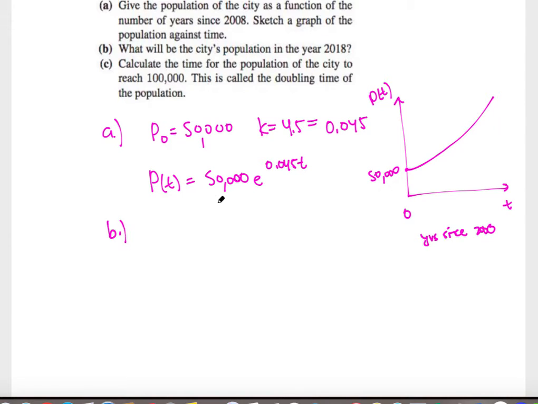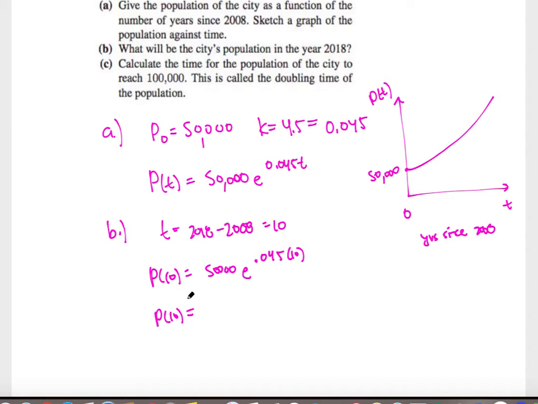B asks, what will the city's population be in the year 2018? So 2018 is 10 years since 2008. So we're going to say t is 2018 minus 2008, which is 10. So P of 10 is going to be 50,000 times e raised to the 0.045 times 10.